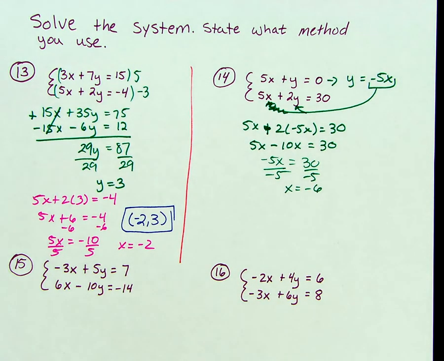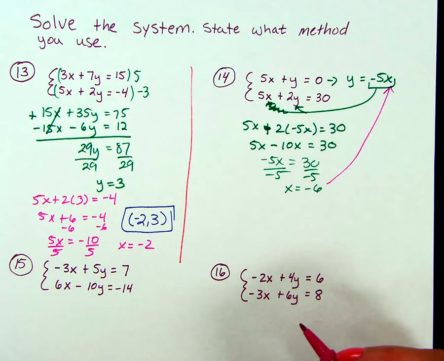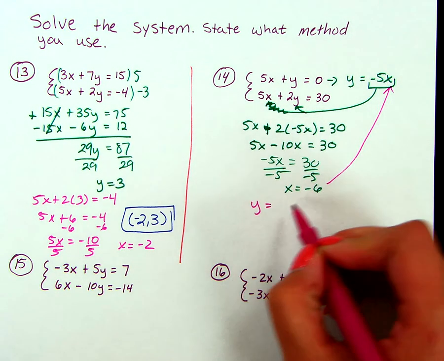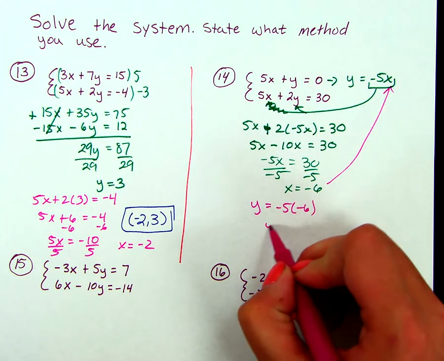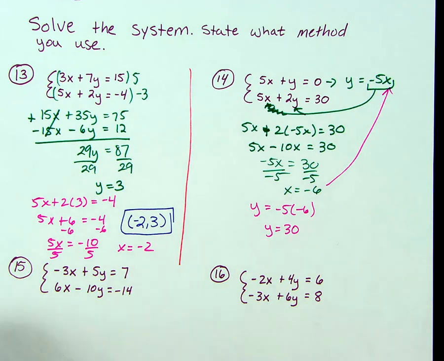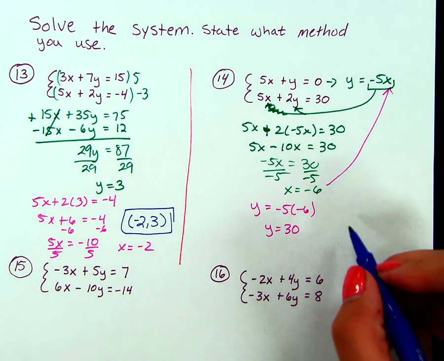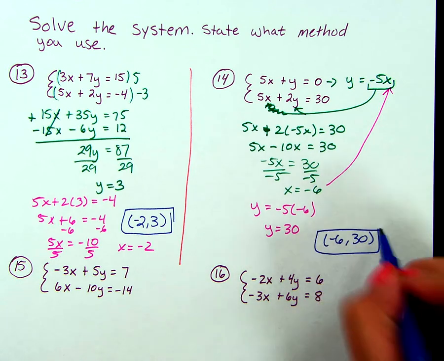So now we're substituting to find our y value. So I'm going to take -6 and I'm going to substitute it into that x. So y equals -5 times -6. So that will be 30. So again, final answer we are writing as a coordinate. So we would have -6, 30 for the answer.